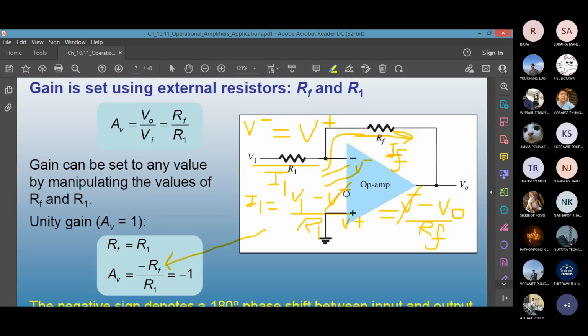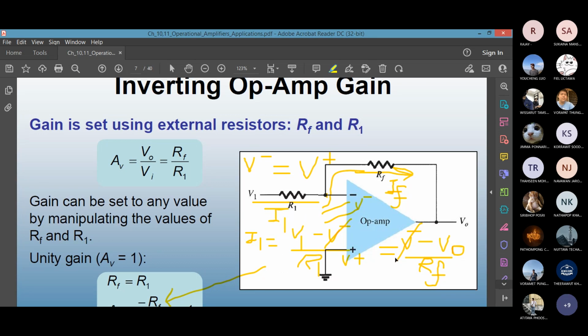Remember the derivation I asked in the exam so many times. Derive the equation for the formula of this op-amp gain. I will give you an op-amp circuit, maybe inverting or non-inverting, and I ask you to derive the output voltage formula. Derive means to do step by step.